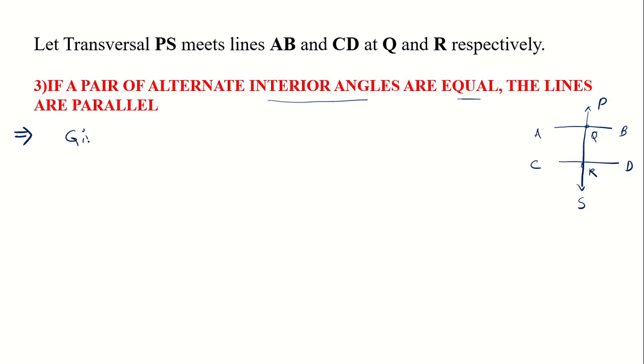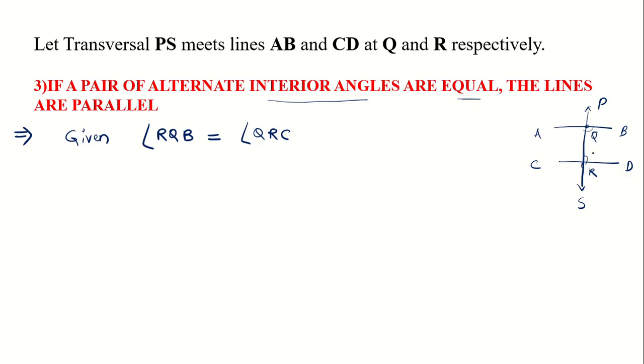First, what is given? It is given that a pair of alternate interior angles are equal. So first we will write the pair of alternate interior angles. Here, as you can see, angle RQB is your first interior angle. Next, angle QRC is your other interior angle.